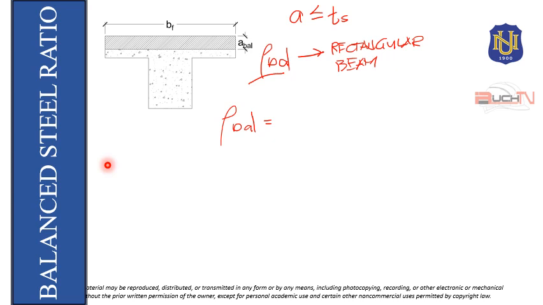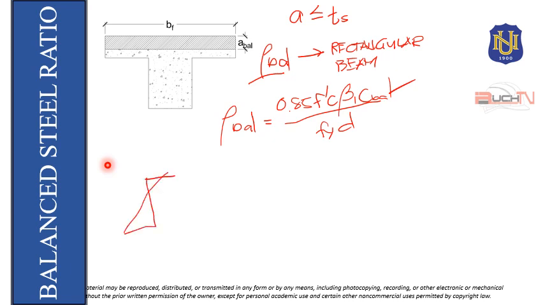So, that is just 0.85 F prime C. So, that will be beta 1 C balance divided by FYD. Kasi dyan galing yun. Then, si C balance, makukuha lang natin yan from the strain diagram. Ito.